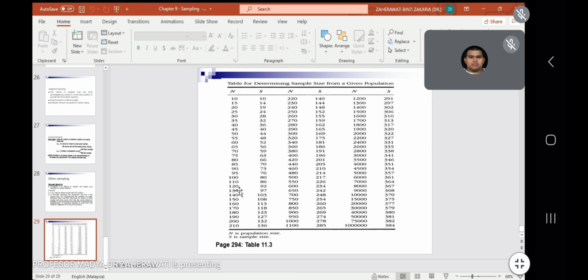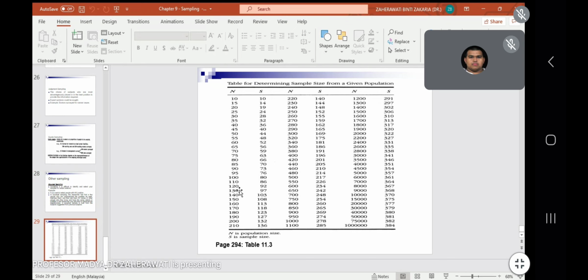Okay. The second technique of sample size, you need to Google after this because it is not stated in the slide if you want to get more about this technique. The second one is rule of thumb.